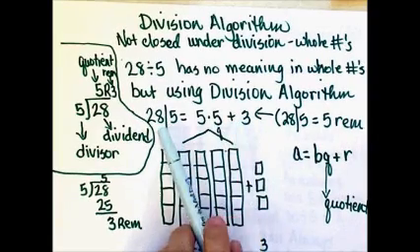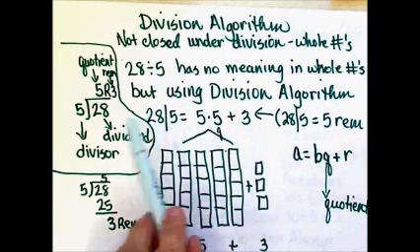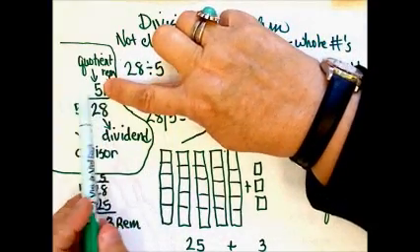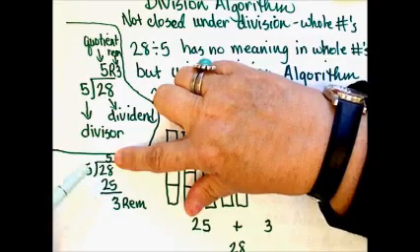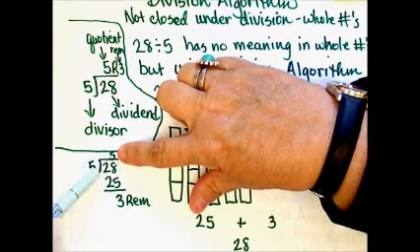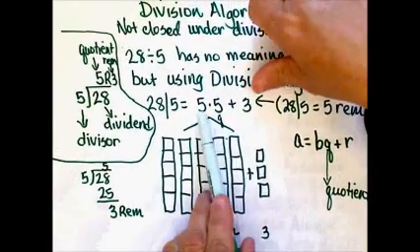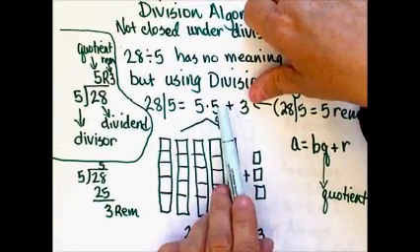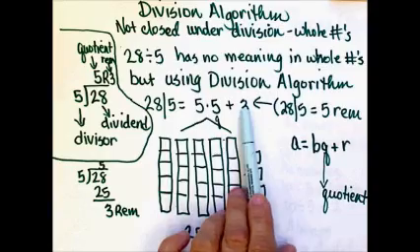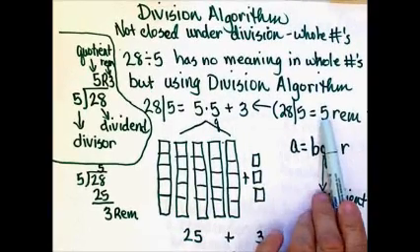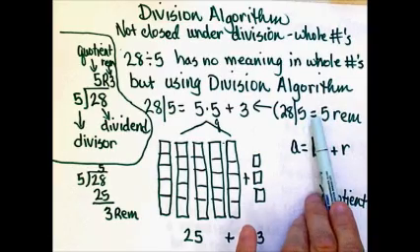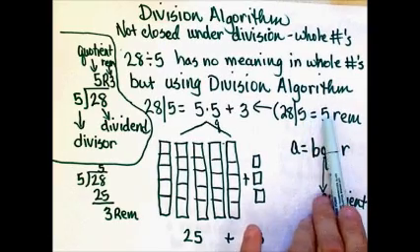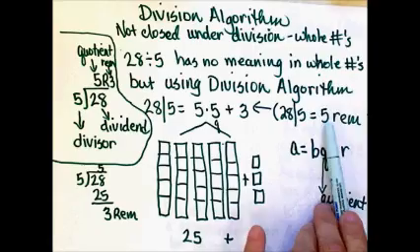So, in other words, 28 divided by 5 goes 5 times, and here's my example down here, 5 times 5 is 25, and then subtract and get 3. So 5 times 5 plus 3. So your division algorithm says that 28 divided by 5 is equal to 5 remainder 3.